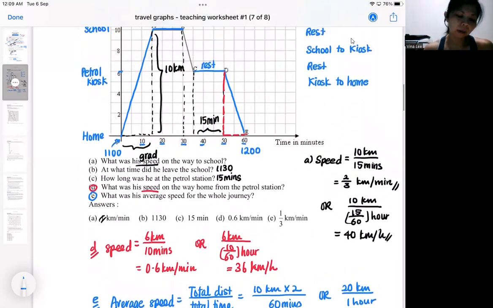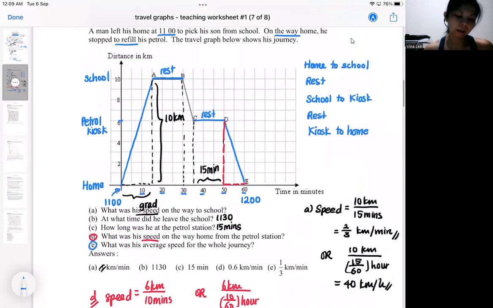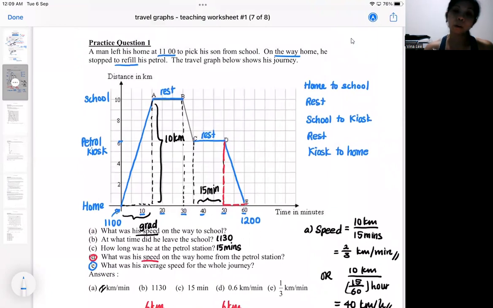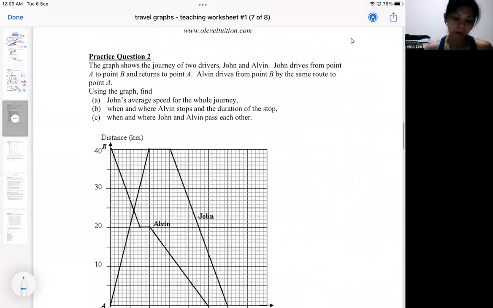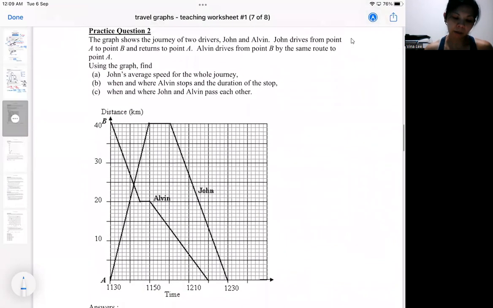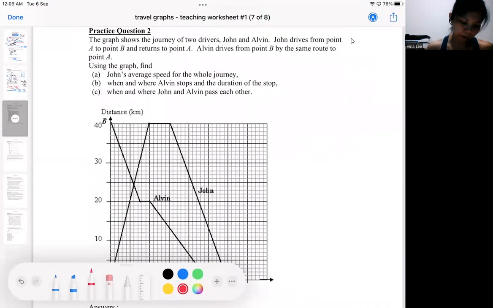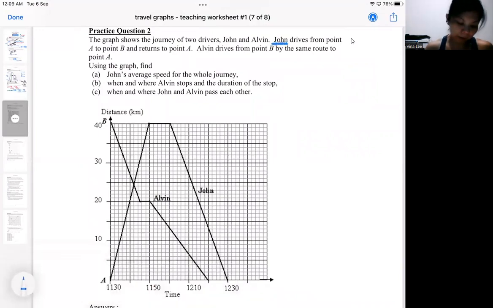So this one is a single journey. It's like a person going to and fro. In the next example, we got two drivers and they are from the opposite direction. So you can do a little bit of interpretation first. For example, we talk about John. John starts from A. He traveled all the way to B without stopping.